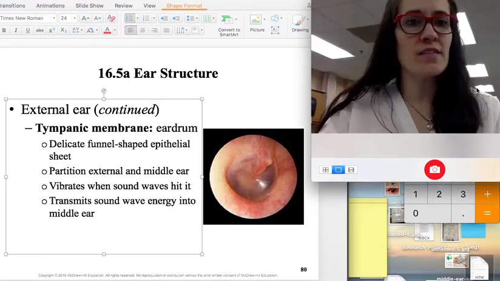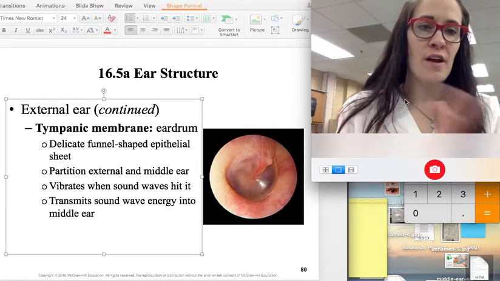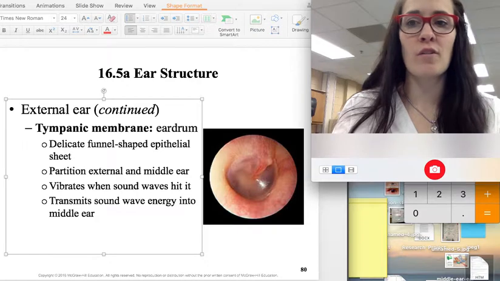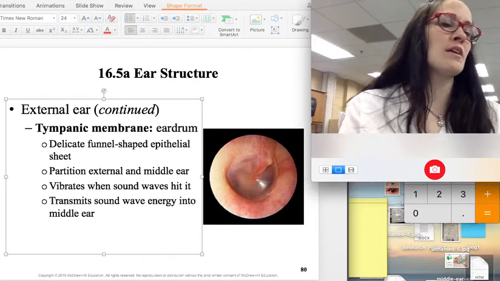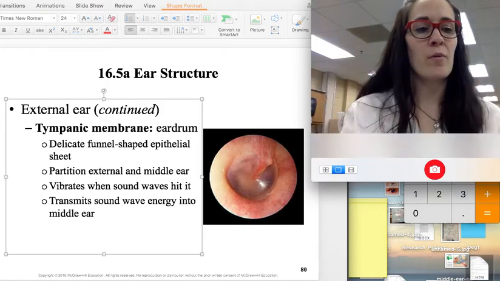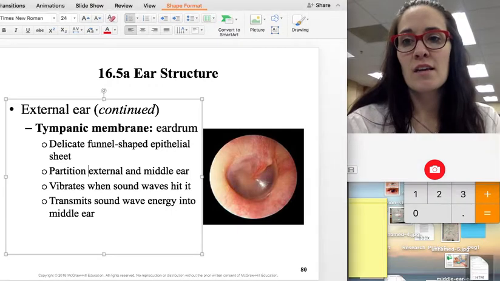And when sound waves hit it, it vibrates, it moves, and it transmits that sound wave energy to the middle ear. So the ear, this canal, and the eardrum are all part of the external ear, and their job is to direct the sound waves inward.